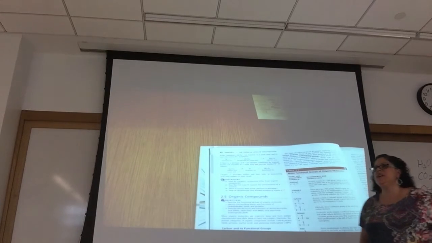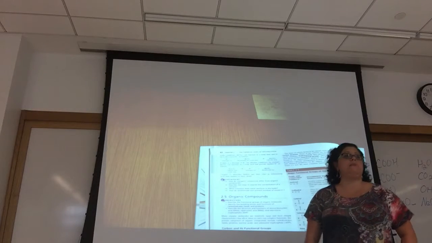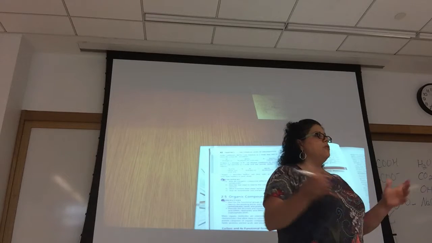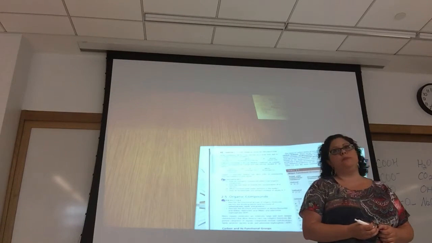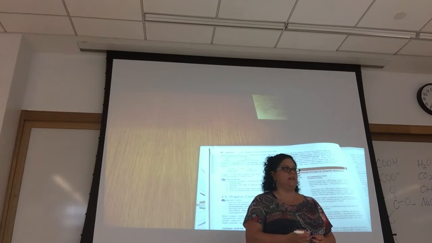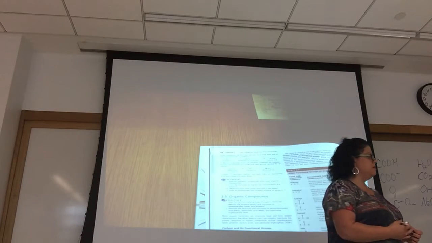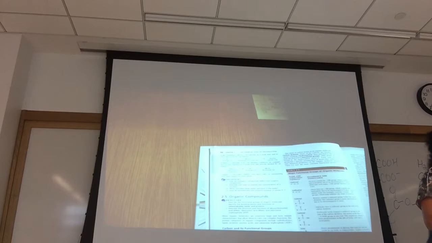Phosphate group you will see when we talk about ATP, which is energy to us. And you'll also see the phosphate group in nucleic acids, DNA and RNA. The amino group, which is the last one, it's an NH2 group or an NH3 group.